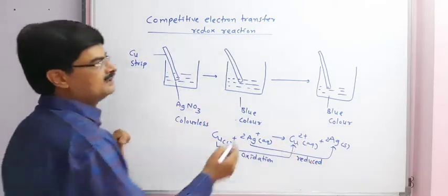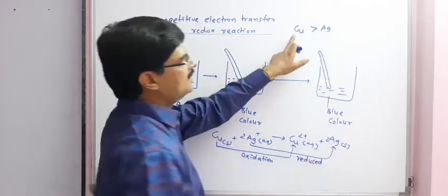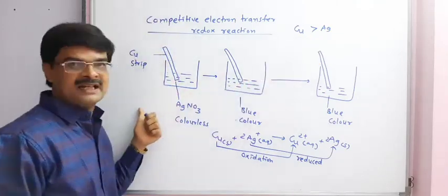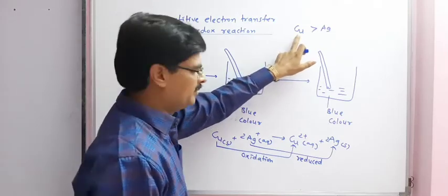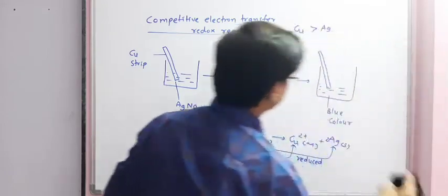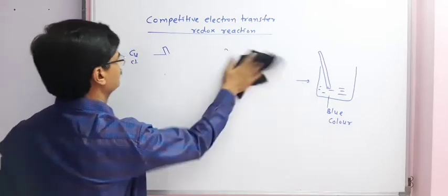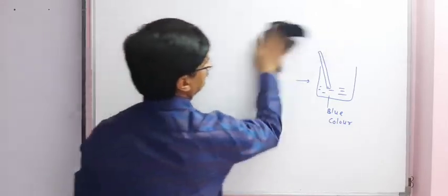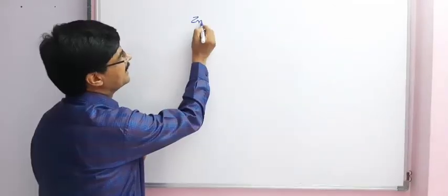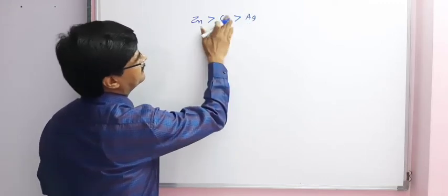From this experiment, we can write that Cu has better electron releasing capacity than Ag. So from the first experiment and the second experiment, the reactivity order can be written as Zn greater than Cu greater than Ag.